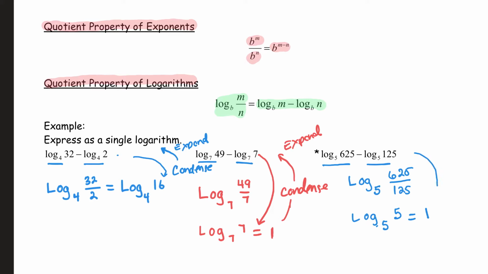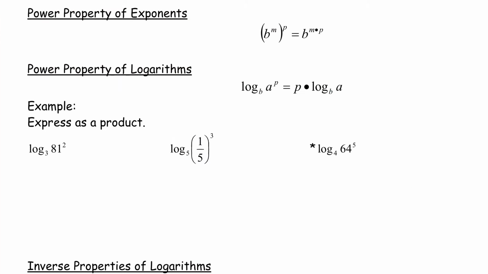And if we go in this direction, that means we're condensing. And if we were to go in the opposite direction, that would mean to expand. Okay? For exponents, when we talk about the power property, we say that a power that's raised to a power is going to have a product.